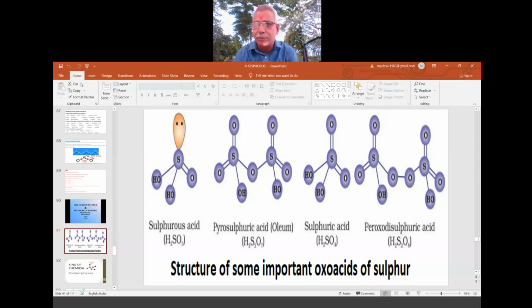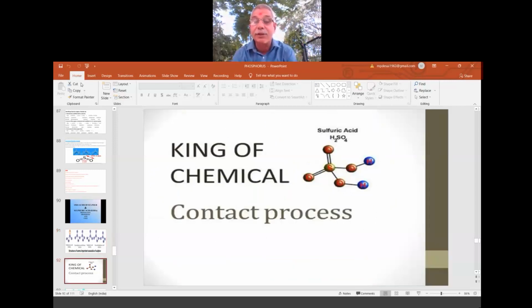In the same way, due to the peroxide linkage, we call it peroxodisulfuric acid. Two sulfuric acids joined via peroxide linkage is known as peroxodisulfuric acid, H2S2O8.